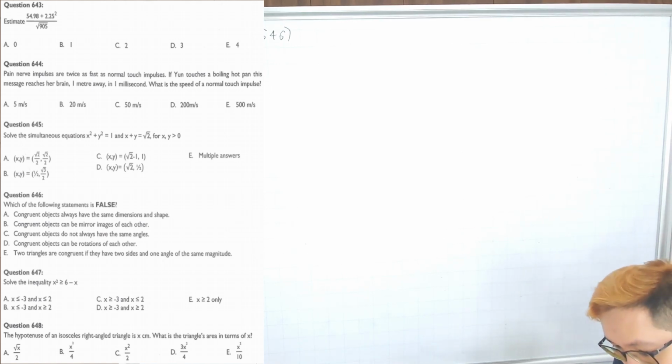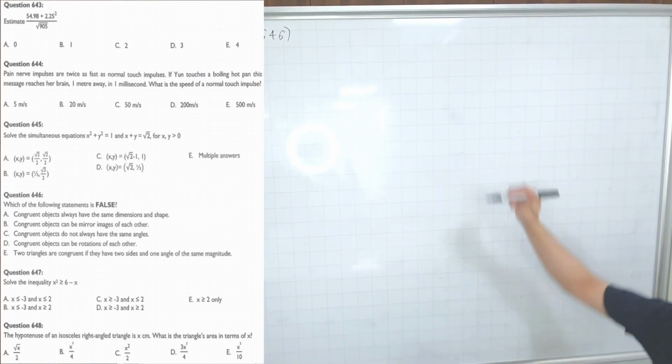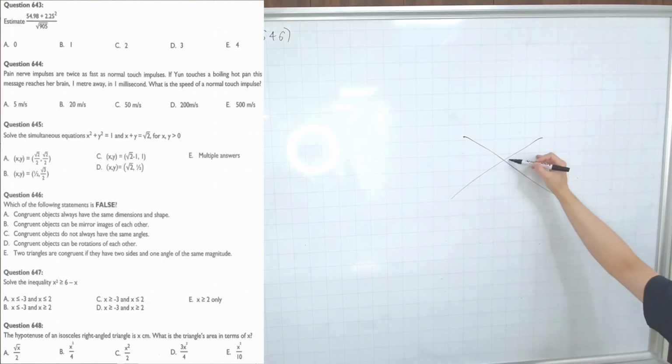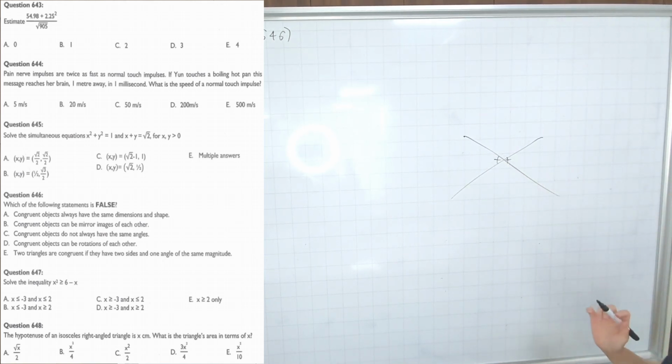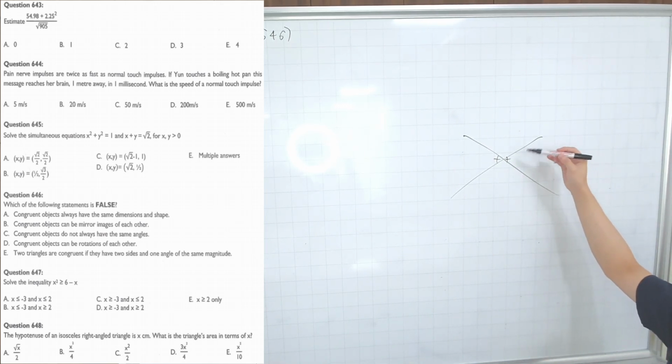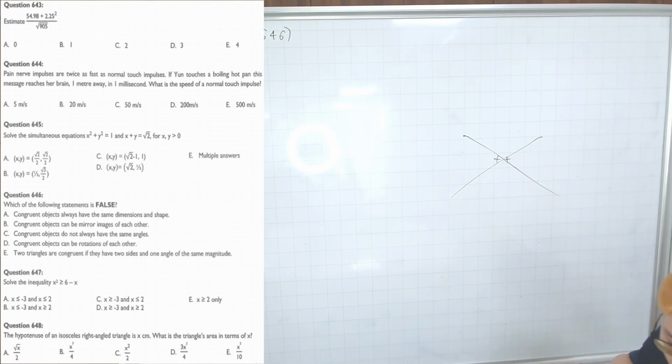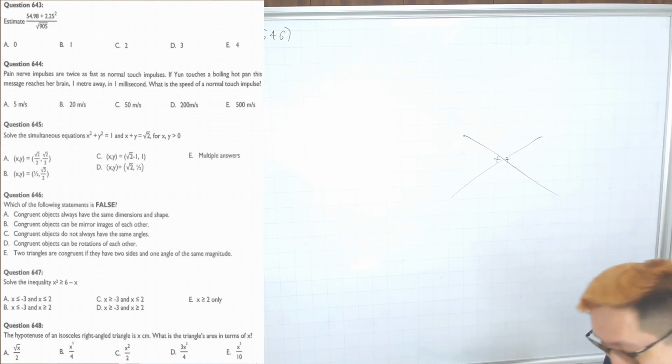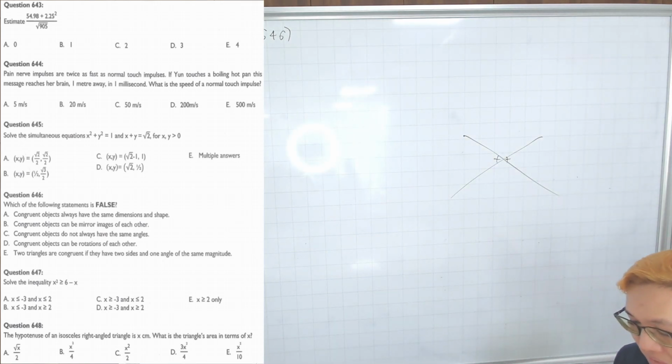Yeah, for example, these two angles are congruent and they have the same degree. Nó giống hai góc này, hai góc congruent này, nó sẽ cùng độ. Can you check, is it C, 646? C, right? So of course they must always have the same angle. Nó luôn luôn phải cùng góc nha, nhưng mà không chắc là nó sẽ cùng cái hình dạng hoặc là cùng cái dimension, là cùng cái kích cỡ nha.